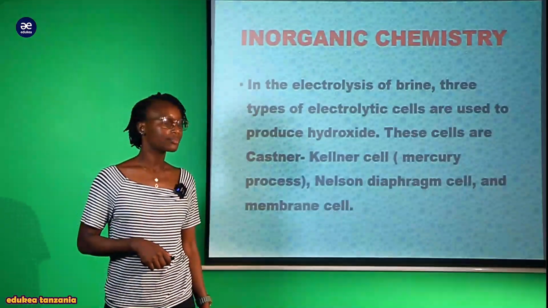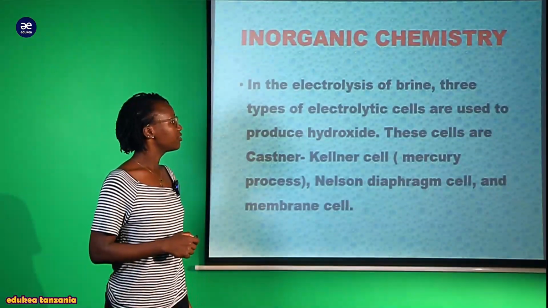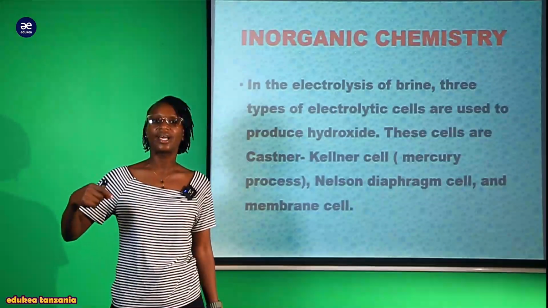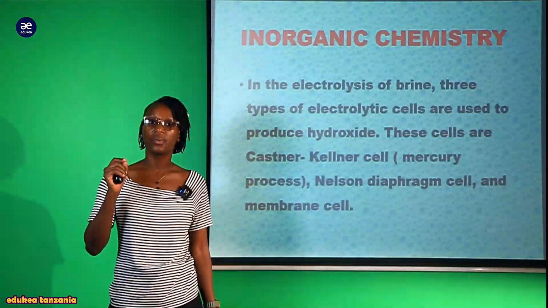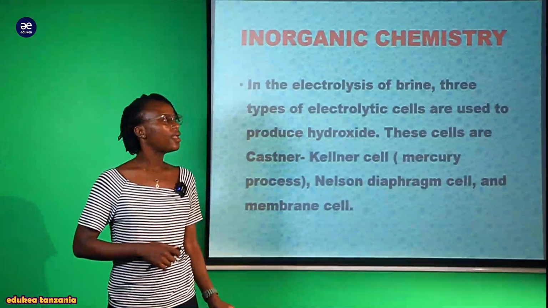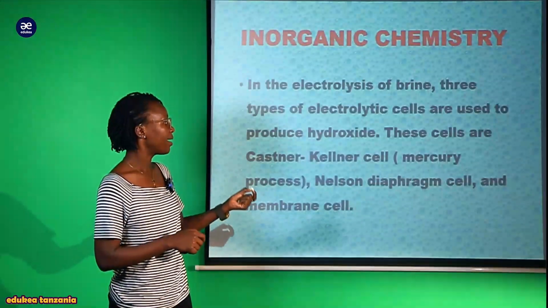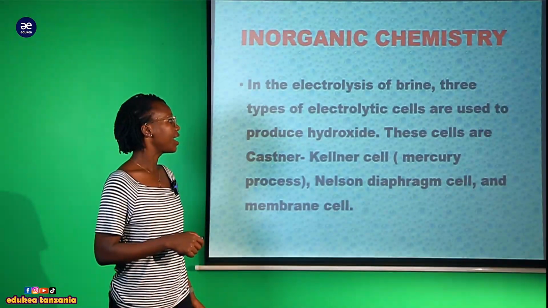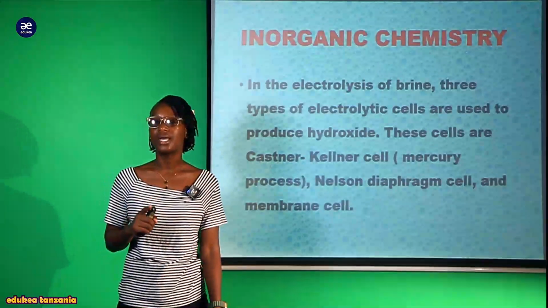It says that in the electrolysis of the brine, when I talk about brine, understand in your head that we are talking about the concentrated solution of what? Sodium chloride. So during electrolysis of this brine, three types of electrolytic cell are used to produce the hydroxide.